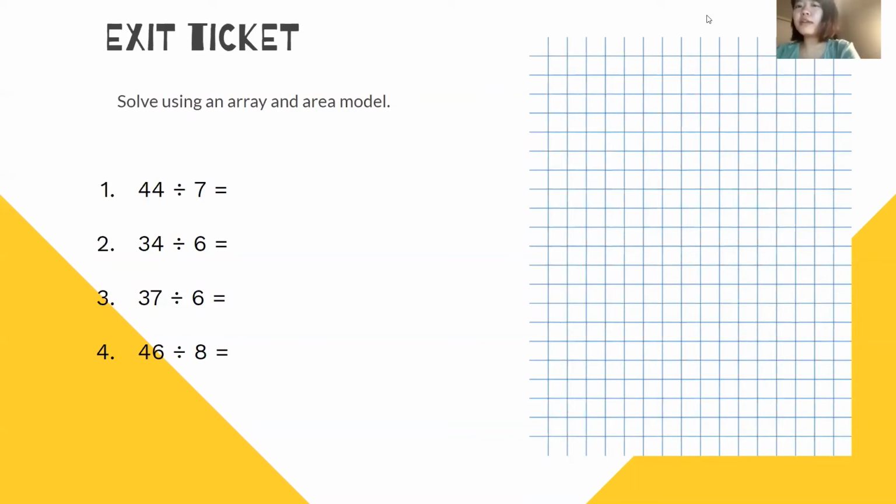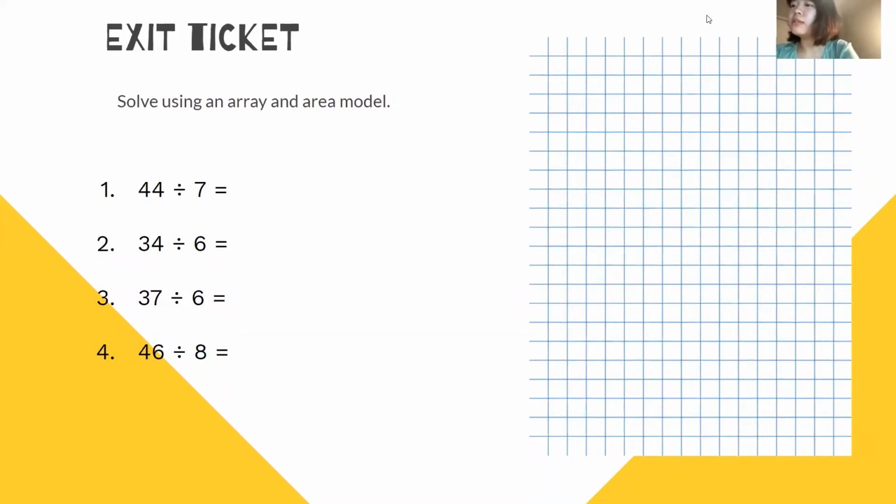So for the first one, let's directly use the array models. We already know we have to have 7 for each group. And let's see how many groups we can get to 44.